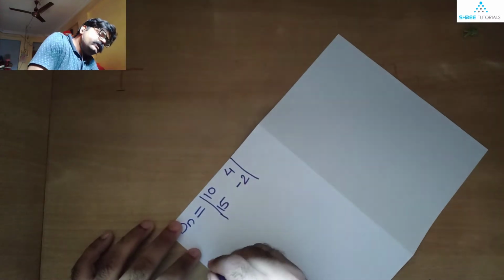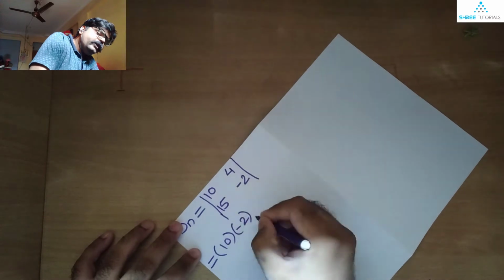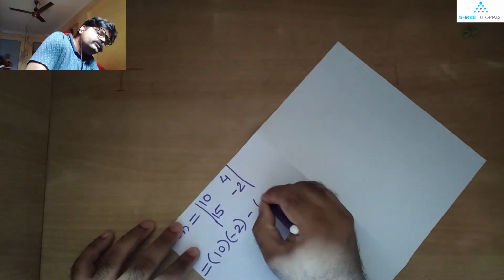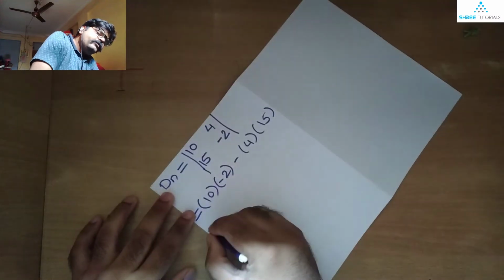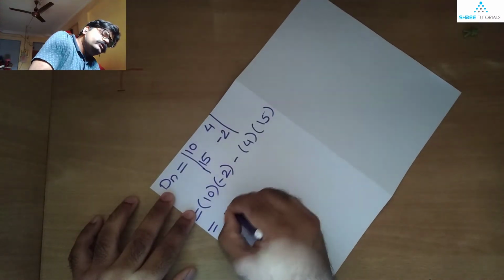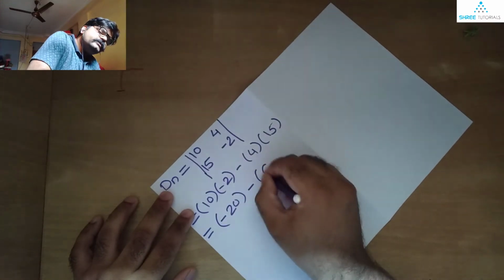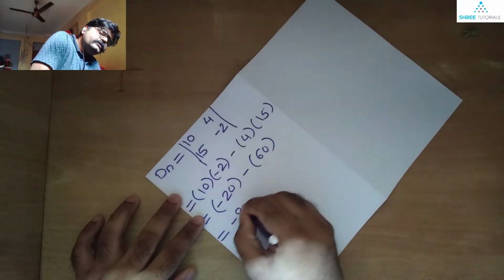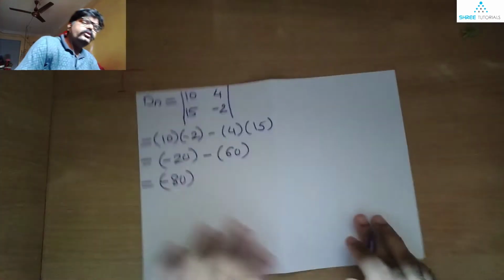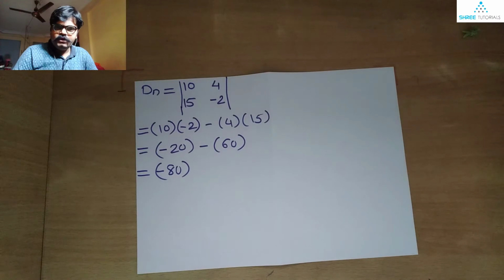Cramer's rule we are using in here. Therefore 10 multiplied by minus 2 minus 4 multiplied by 15, therefore equal to 10 into minus 2, that should be minus 20, minus 60, therefore it should be minus 80. So D, dm and dn, these three determinants we have solved so far.